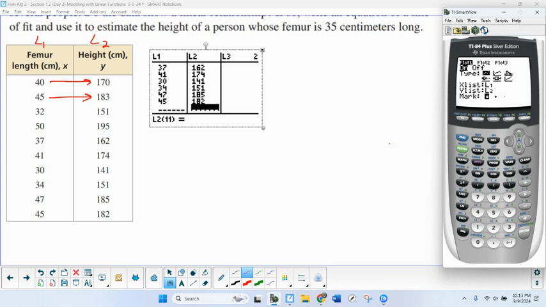Now, once you have it set up like this, you don't ever have to change this again. You can just go up here, press enter, come down. Go up here, press enter, come down. Okay? So right now, just make sure that plot is turned on.